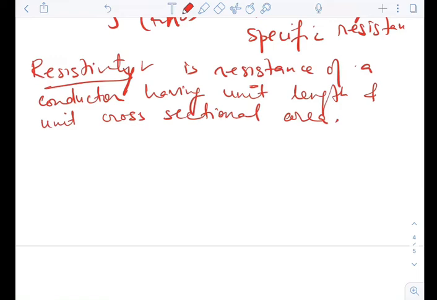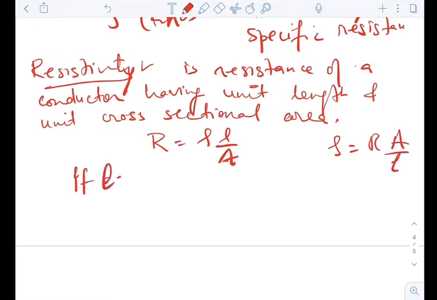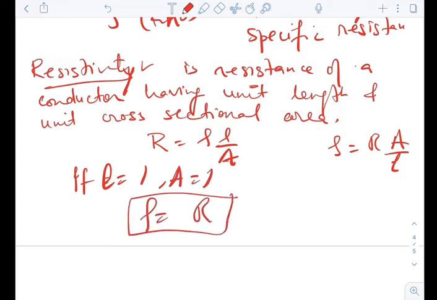Or you can also say it is the resistance of a conductor of unit volume, since length into area is volume. It basically comes from the fact that R is equal to rho L by A. If I rearrange it, I can say rho is equal to R A by L. And now if L is equal to 1 and A is equal to 1, then rho is equal to R. So resistivity is the resistance offered by a conductor of unit length and unit cross-sectional area.